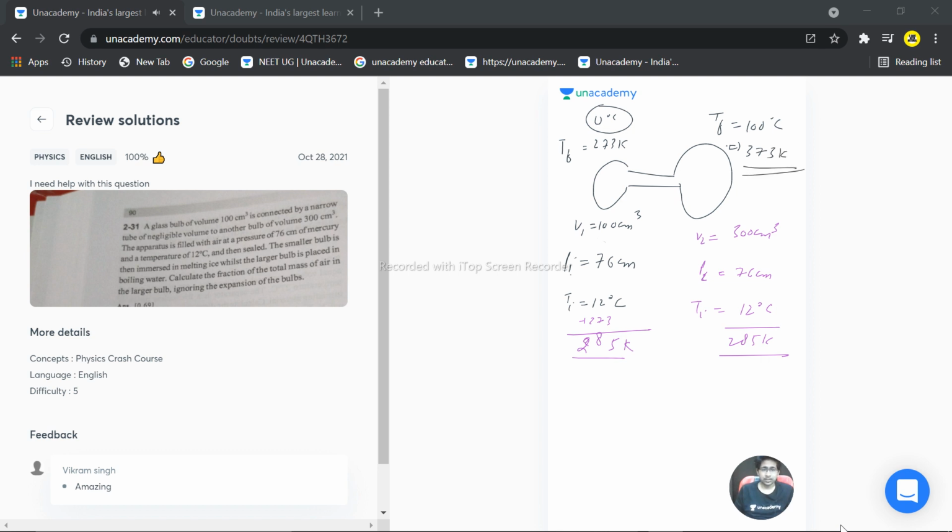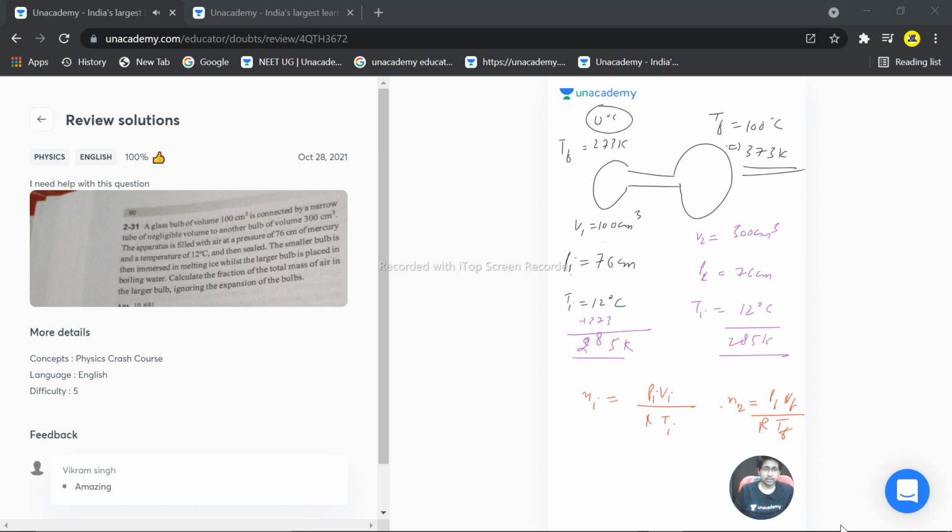So let's proceed further. Now I'll calculate the moles. Moles formula is PV by RT. So for initial it is P initial, V initial by R T initial, and for final it is P final, V final by R T final.